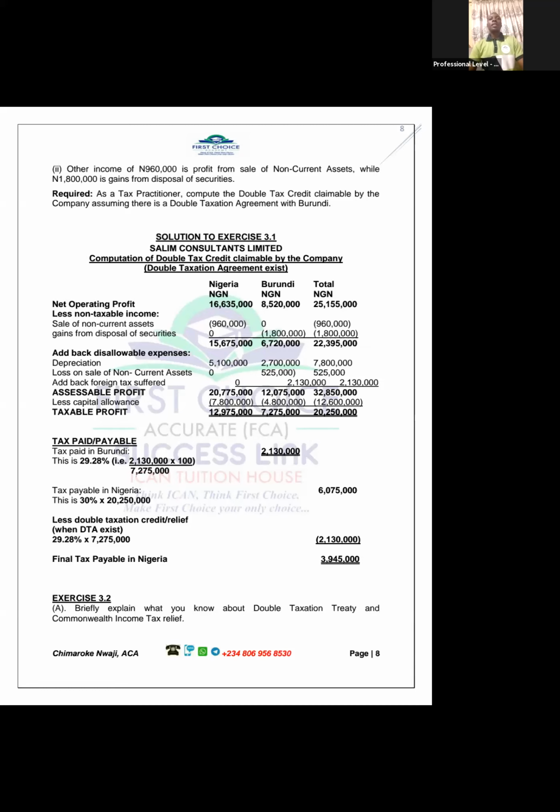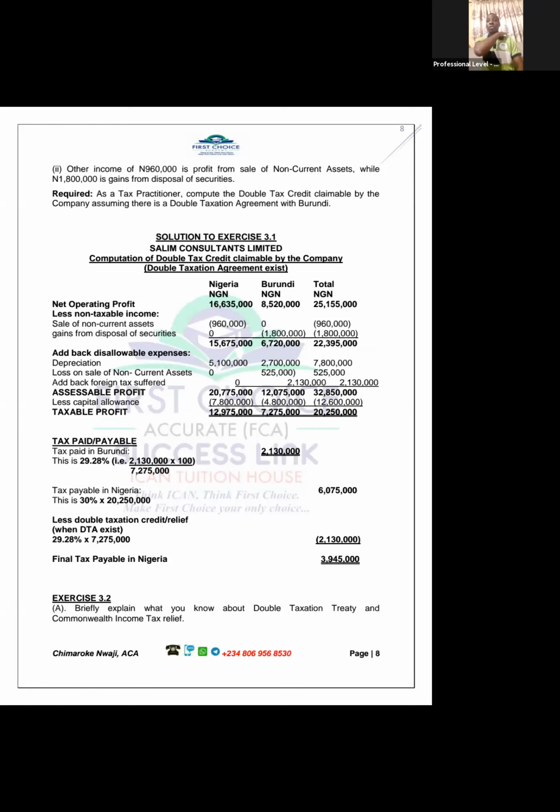Now, there is the sale of non-current assets. Can you see that if we have to deduct sale of non-current assets from income, simple logic says also that the loss you made from non-current assets doesn't concern operation.